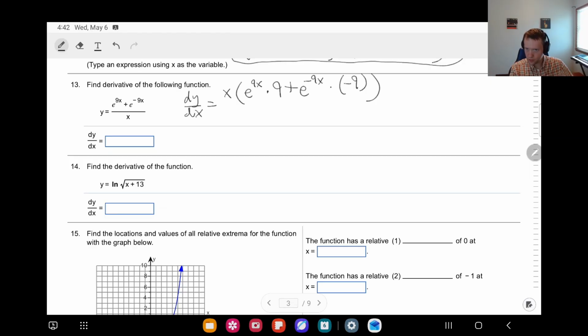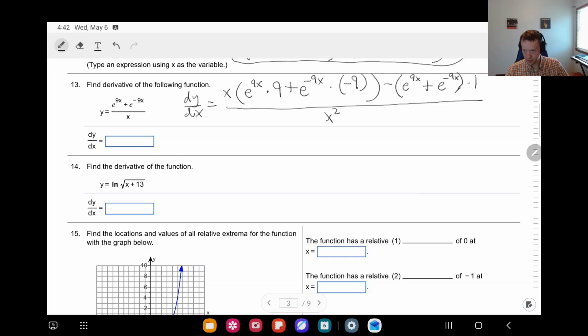So that is low d high, minus high d low, over low squared. So that's low d high minus high d low over low squared.